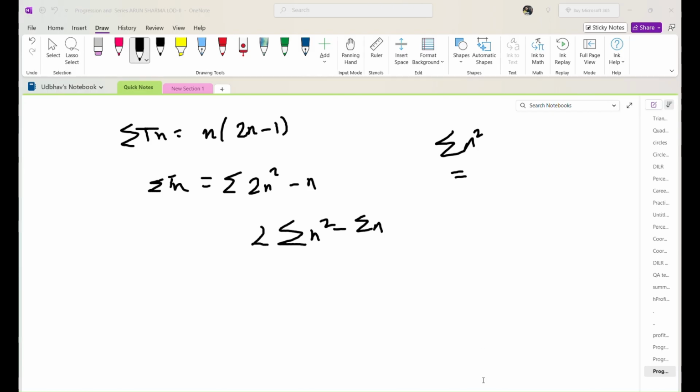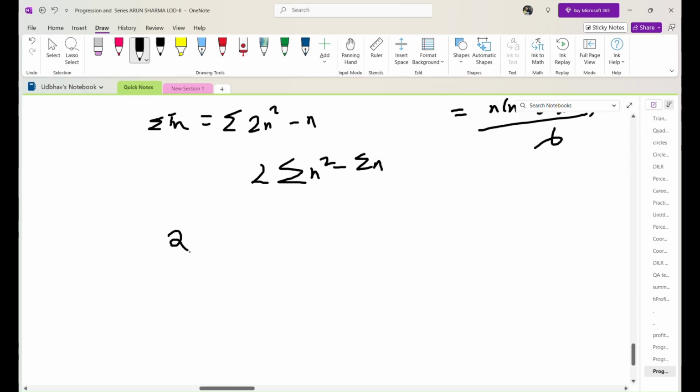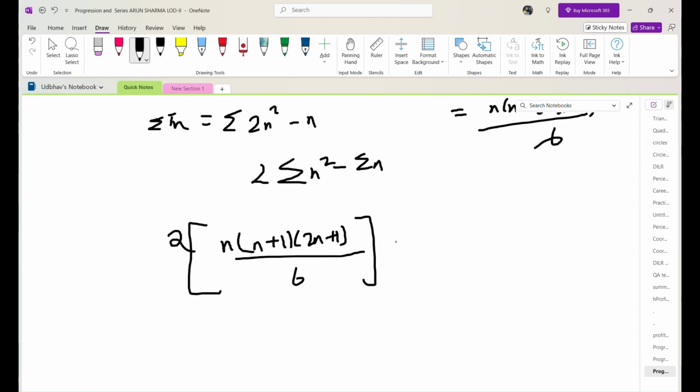Sigma of n square is n into n plus 1 into 2n plus 1 upon 6, and sigma of n is n into n plus 1 upon 2.